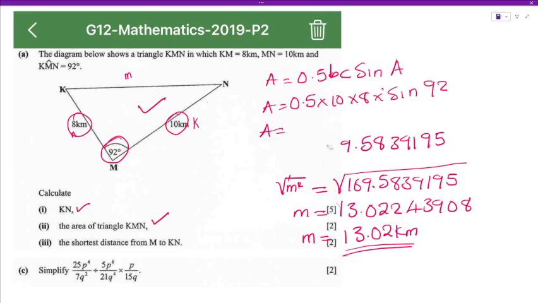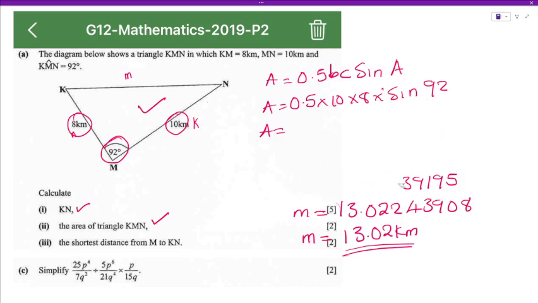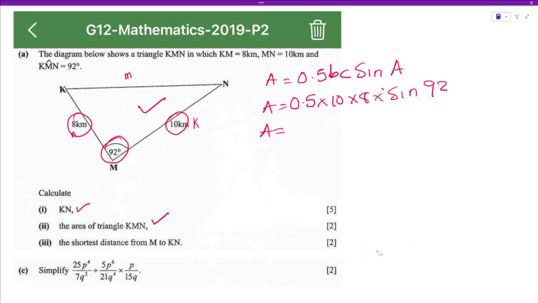When you punch everything on your calculator, you see what you get. So we are saying 0.5 times 10 times 8 times sine 92.